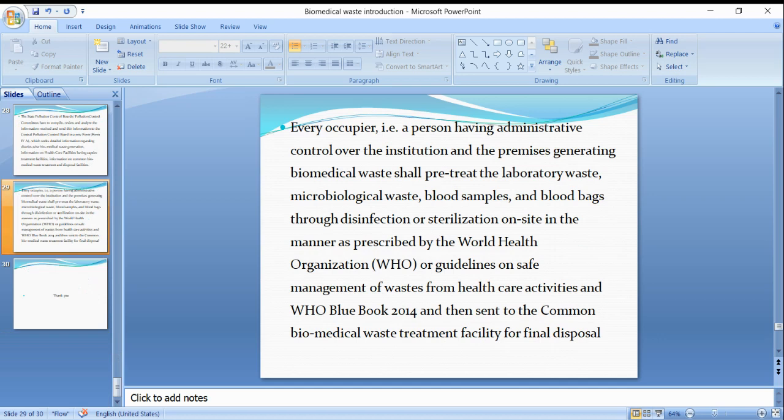Next, every occupier, that is a person having administrative control over the institution and the premises generating the biomedical waste, shall pre-treat the laboratory waste.